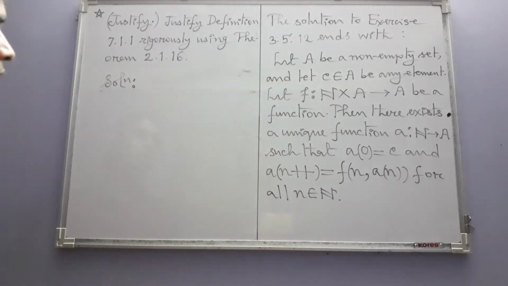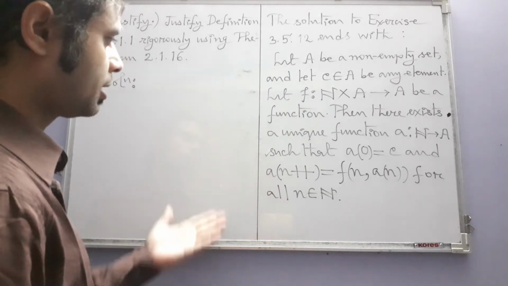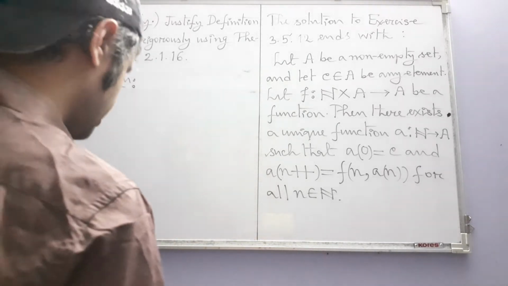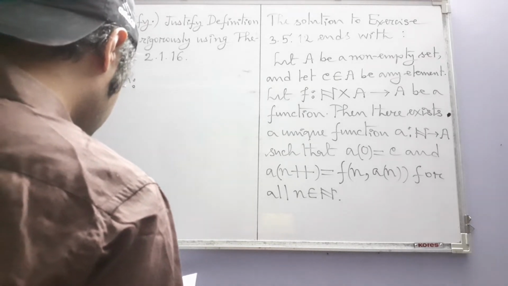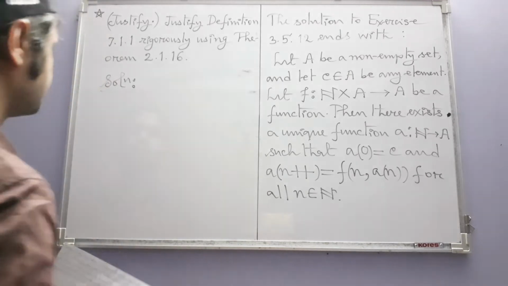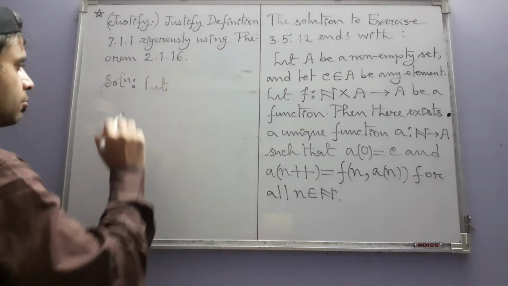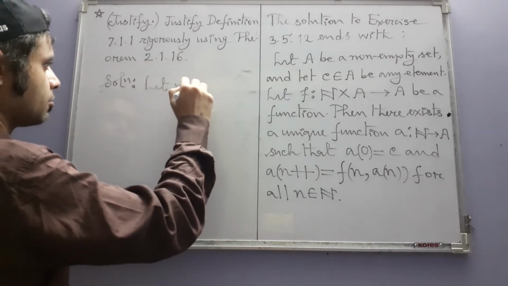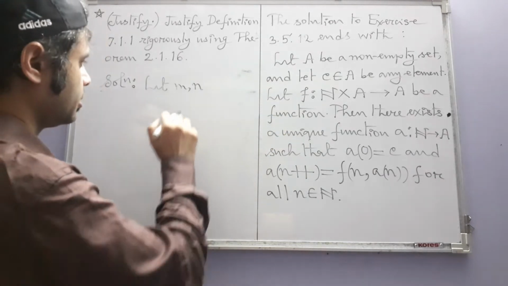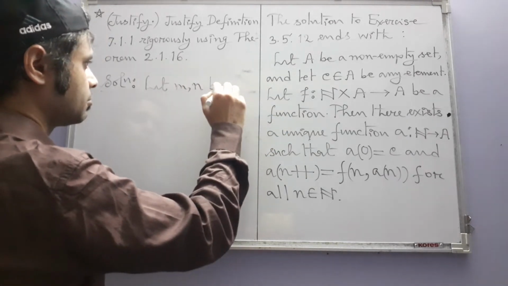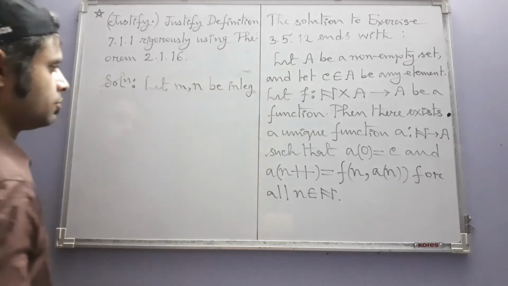Now, how exactly are we going to possibly use this to define a finite series? Let us see. So what we do is this. We start off just like what we have in the text. Let m and n be integers.